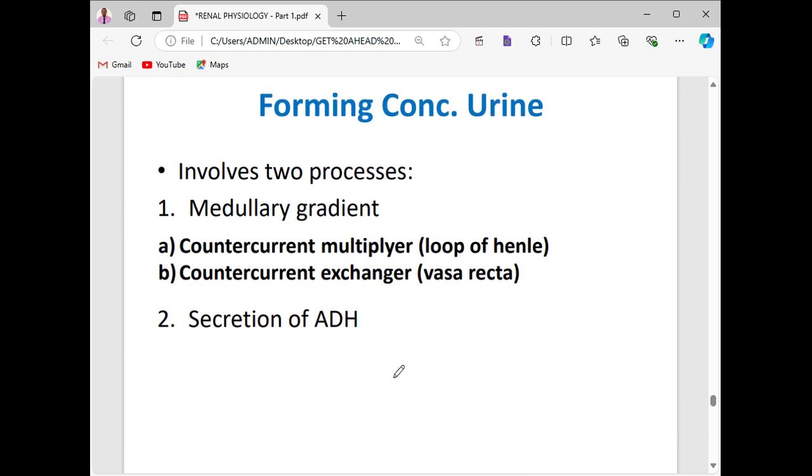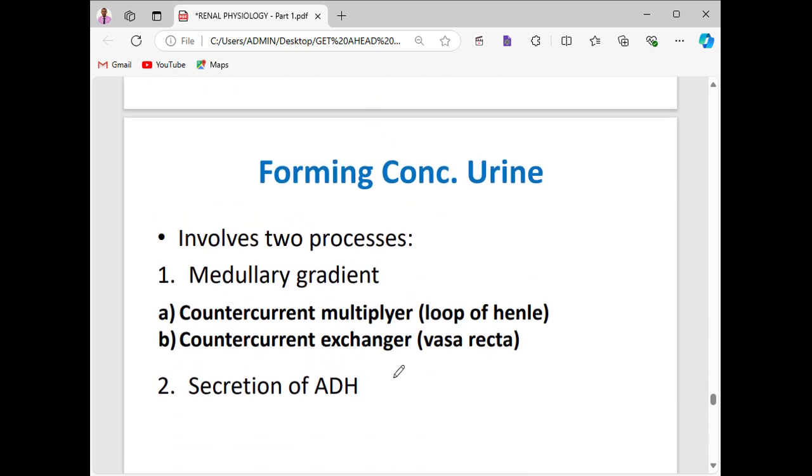Then how do we form concentrated urine? Concentration of urine usually occurs when water content in the body decreases. When water content in the body decreases, the kidney excretes concentrated urine.